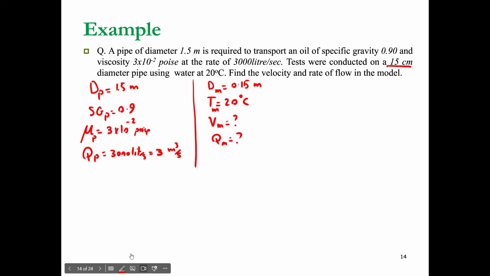First of all, I have some data that I don't like. Temperature is just for you to find the rho. So based on the table from the first chapter, it will give you the rho, which is 1000 kilogram per cubic meter. The other one that I have is this guy and this guy.